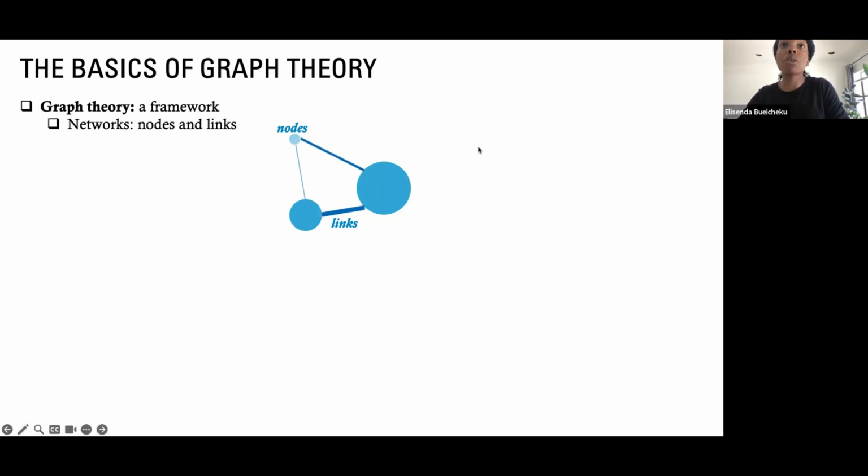As you can see in this figure, nodes and links can have the same size or different size. This is more for visualization purposes, but the size that we give to the nodes and the links usually represents the relationship or the importance that the nodes and the links have in our network.